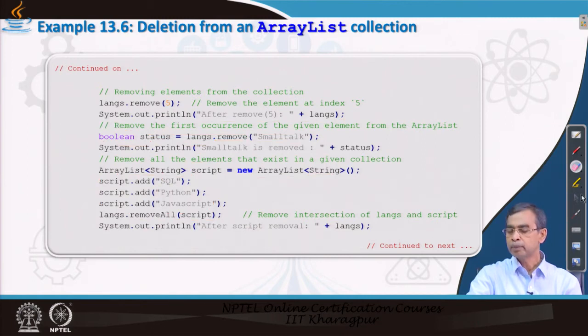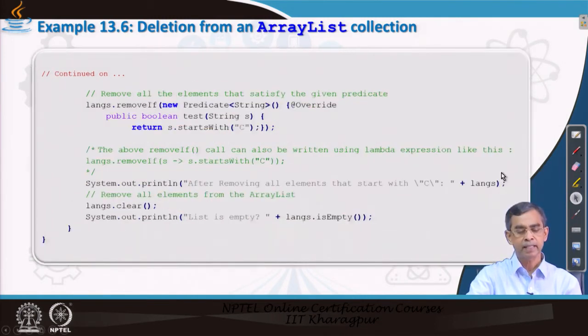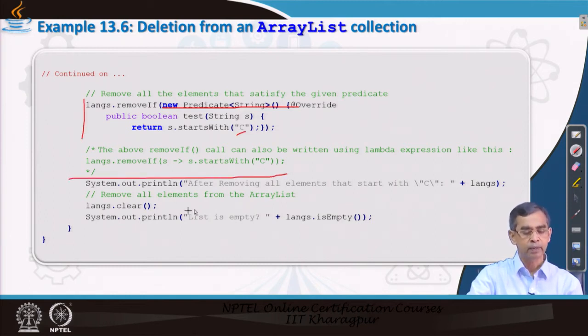Now, there are a few more methods likewise that can be exercised. For example, this is the predicate method. Here we want to remove the elements whose first letter is C, then we can call this predicate, and then we can remove them here in this one.